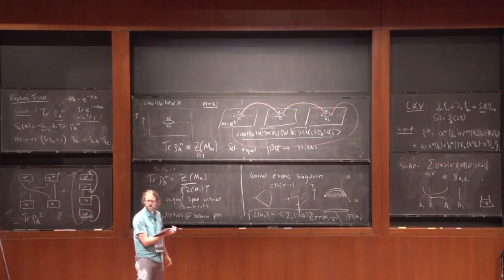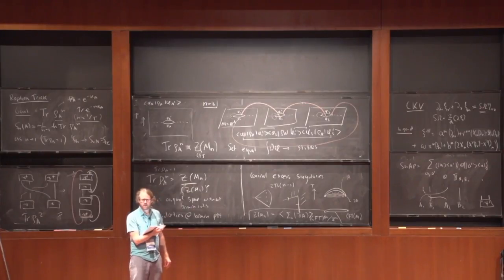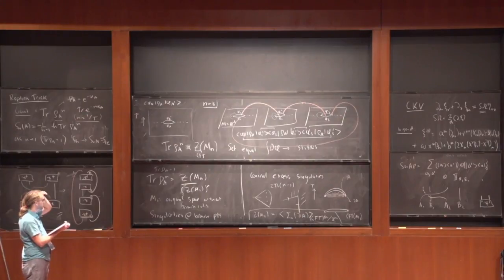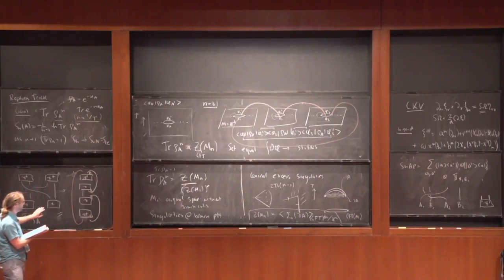Okay, question. For n equal to 2, it's a swap operator. That looks like an operator acting on the whole space of A. Yeah, so in the quantum mechanics picture, it's a little bit different. It's not exactly the same.